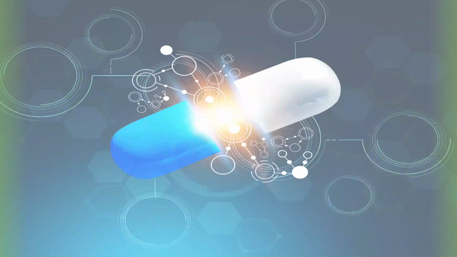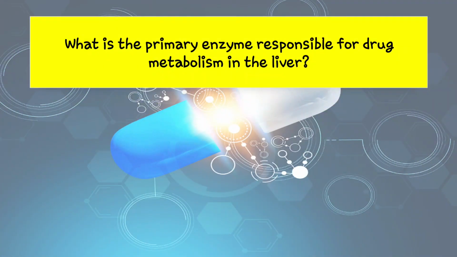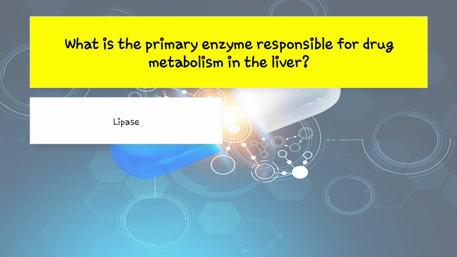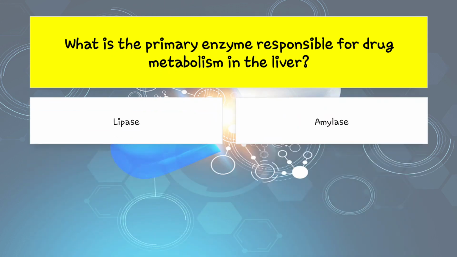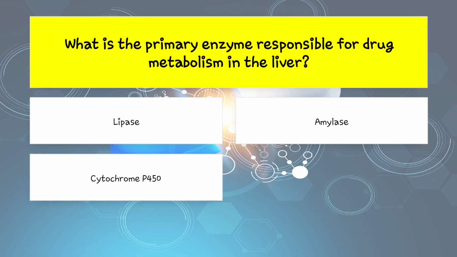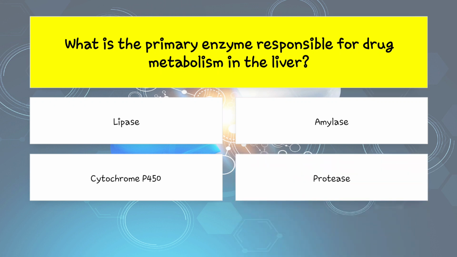Then moving to next question. The question is, what is the primary enzyme responsible for drug metabolism in the liver? And the options are A. lipase, option 2, amylase, option 3, cytochrome P450, or option D, protease.